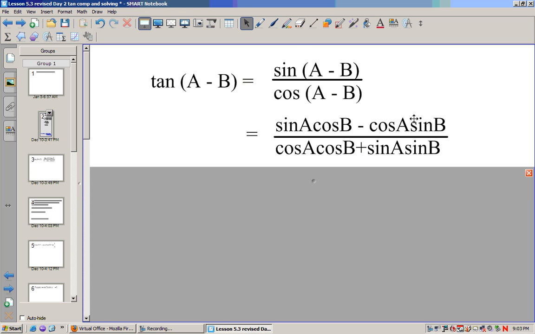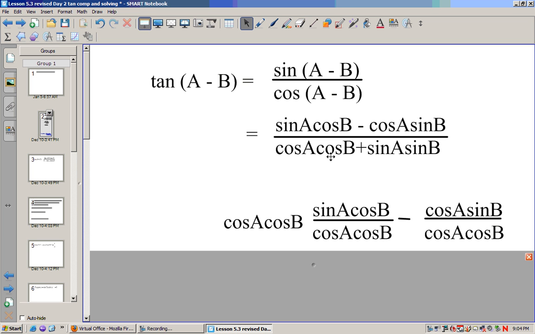What we actually do is we divide out cosine A, cosine B from both the numerator and denominator. The trick is that there's not a cosine A, cosine B in either of them except in this section.